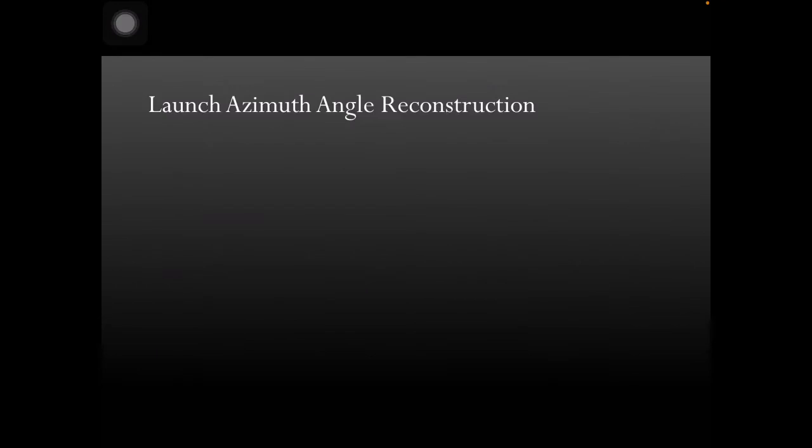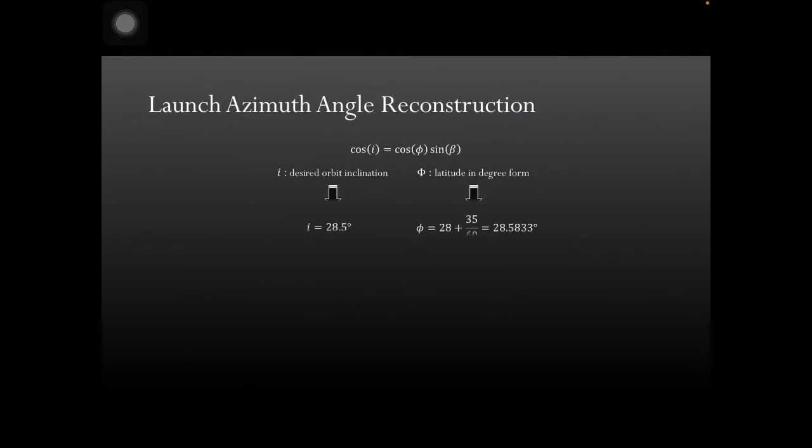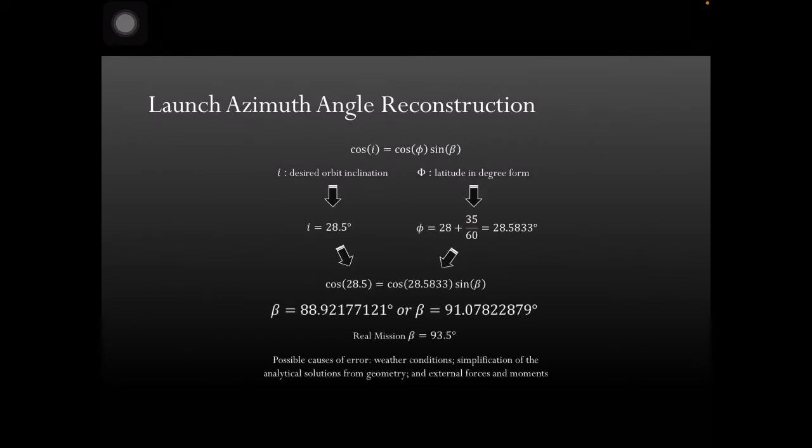Next is the launch azimuth angle reconstruction by using the following formula. Then by plugging in the numbers, it is obtained that the azimuth angle is either 88.92 degrees or 91.08 degrees, which, compared to the real mission data with an azimuth angle of 93.5 degrees, shows a slight difference.